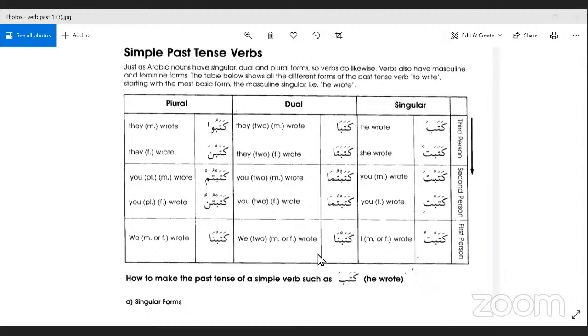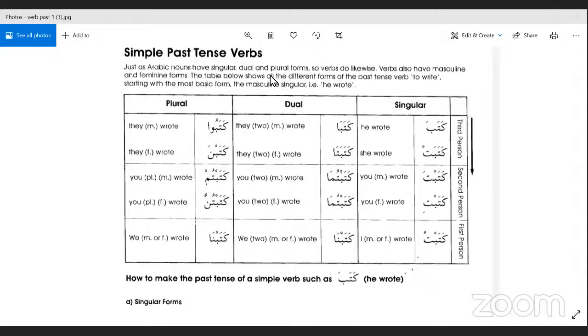Darabu, they more than two male hit. Okay. Darabat, she hit, singular. Darabata, they two female hit. Darabna, they female hit. Correct.